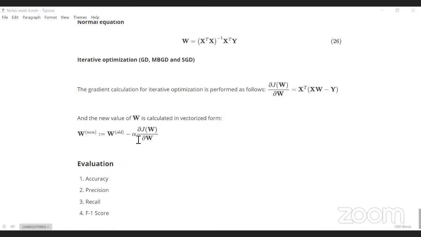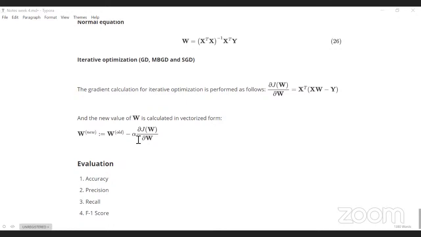And for precision, what is precision? It is true positive divided by true positive plus false positive. Precise means how many of the predictions were correct: out of those which are predicted positive, how many are actually positive, right?